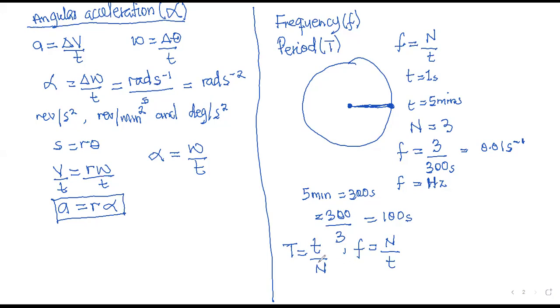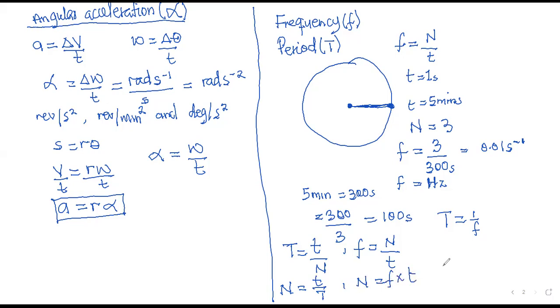Capital T, which is the period, is small t over n. F, which is the frequency, is n over small t. So you could see that T is equal to 1 over f. If you cannot see it this way, make n the subject in each of the equations. So when we make n the subject here, we have small t over big T. If we make n the subject in the frequency equation, we have n is equal to f times t.